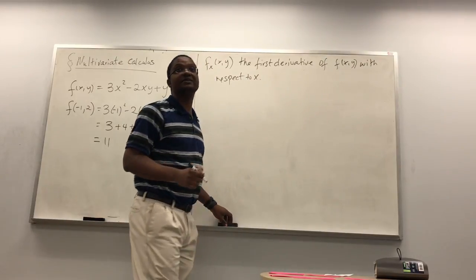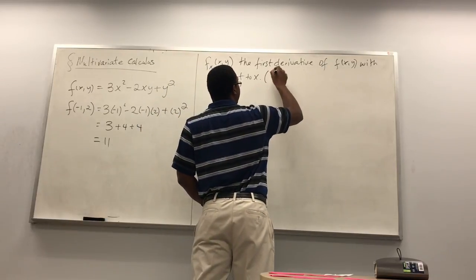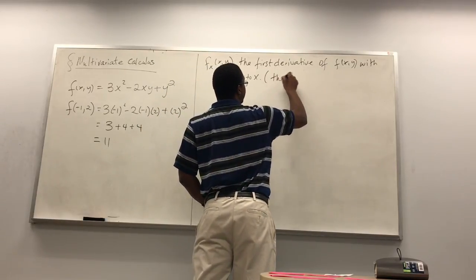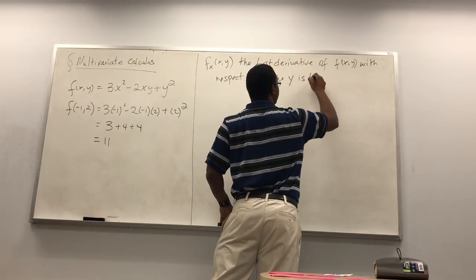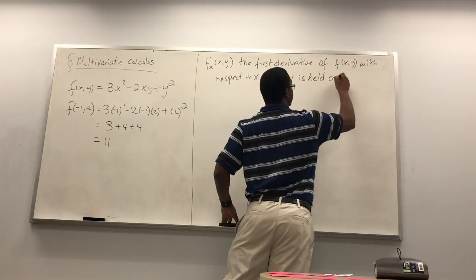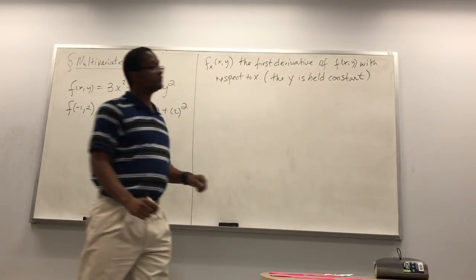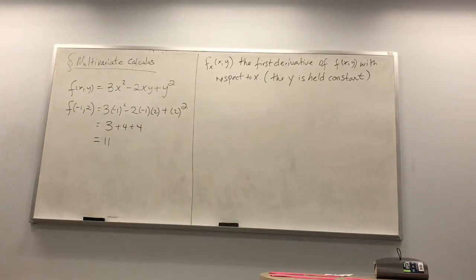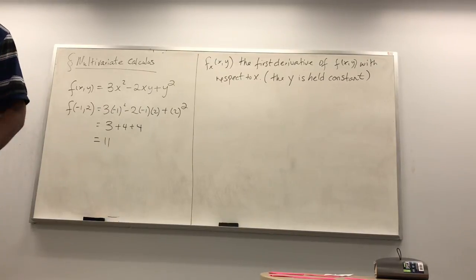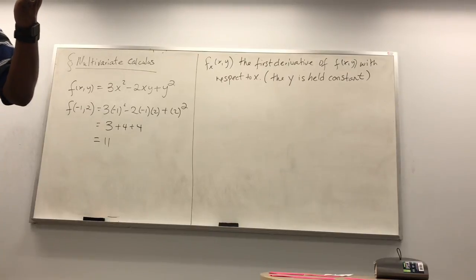And along with that comes an underlying connotation: the y is held constant. So when we're taking the derivative with respect to x, the y's are held constant. And in fact, when we're doing the opposite, when you're taking the derivative with respect to y, then the x's are held as constants. Yes?